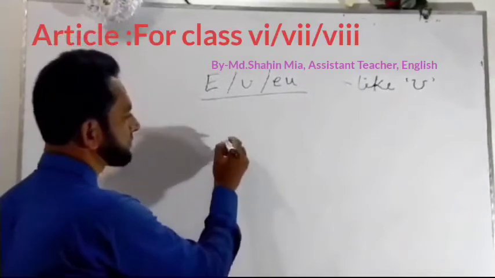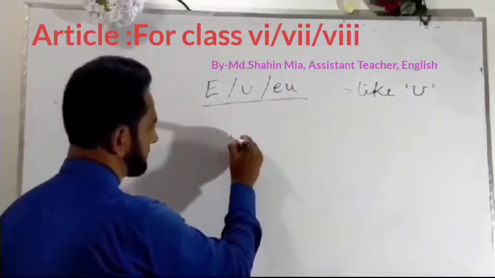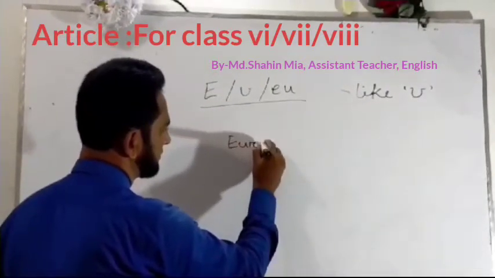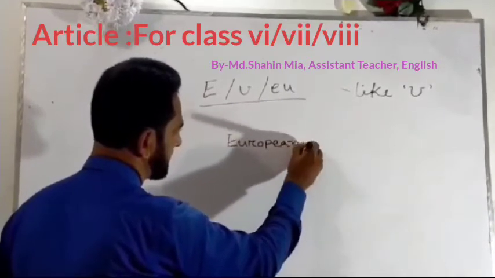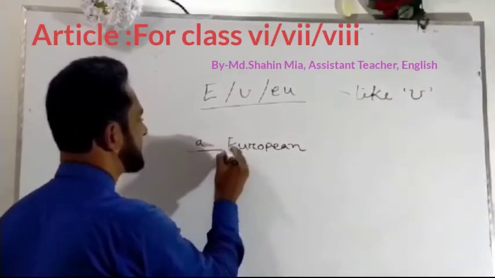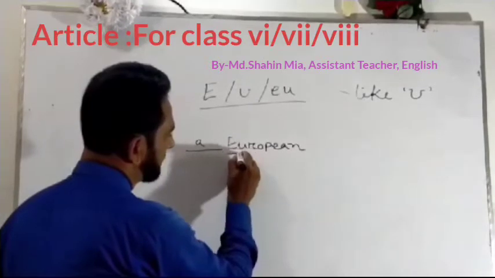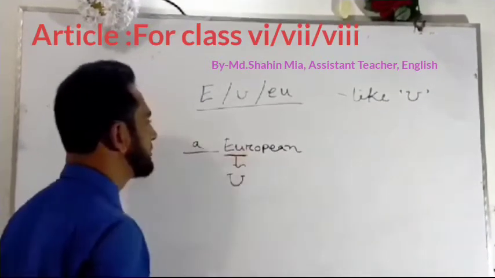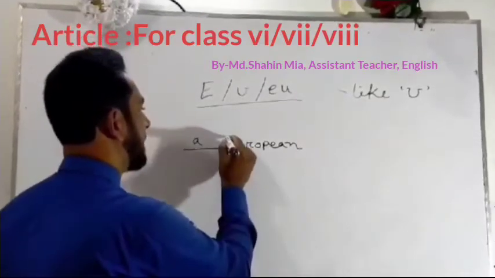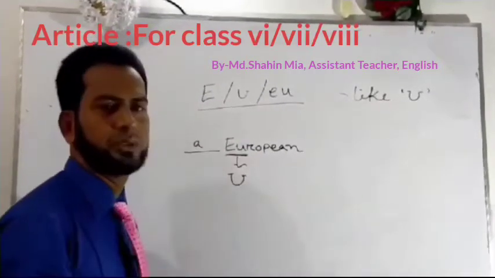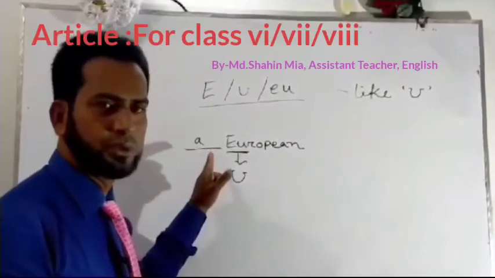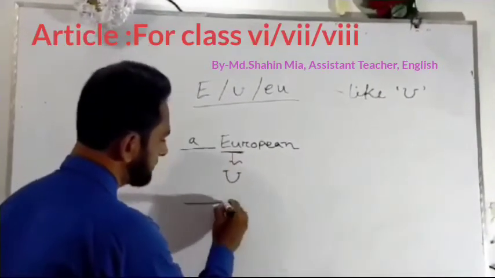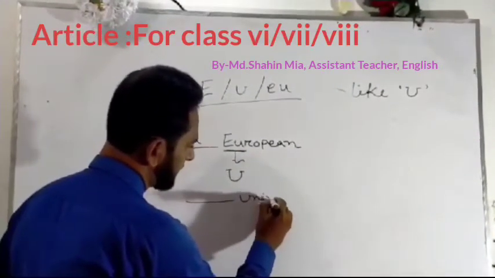Example: European. Here we have got this word European. EU is pronounced as U. So we must use a. University.